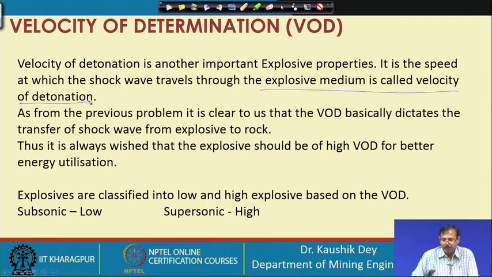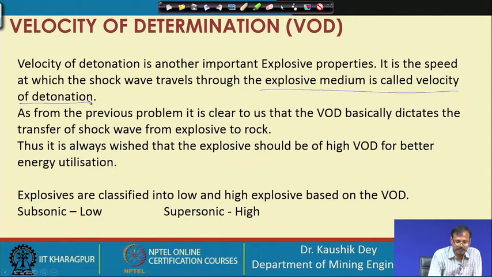But a high VOD may not always be available, because especially in Indian mining conditions, most of the nitrate based explosives which generate more VOD are banned here. So, the commercial explosives available are ammonium nitrate based, and that is why their VOD is relatively low. That is our present problem, and that is why the energy utilization is also very limited.